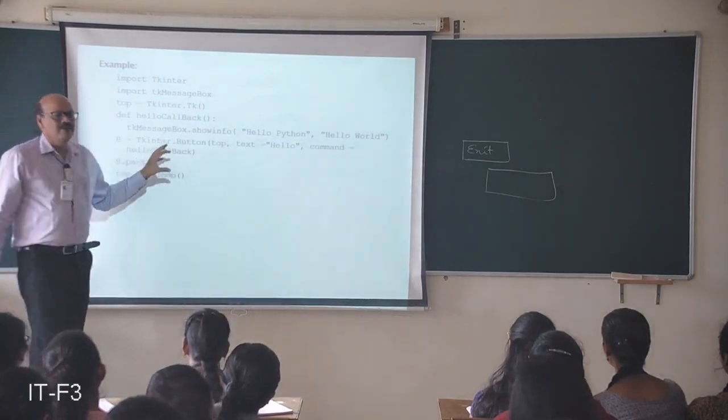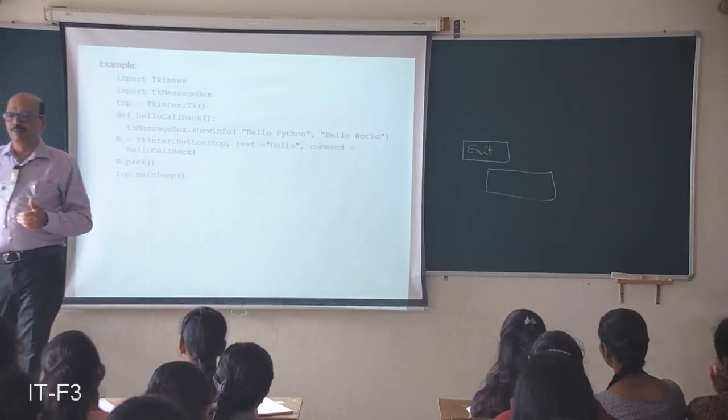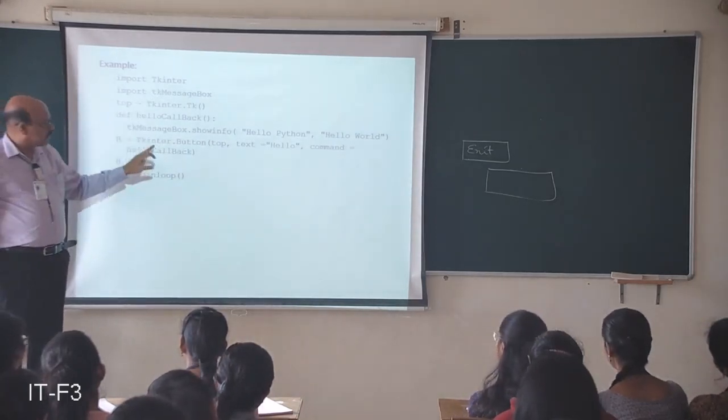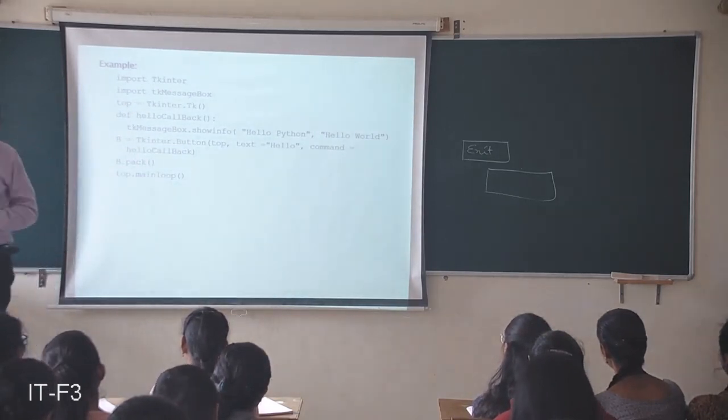Now we have discussed the button, so I want to create a new button. Button is part of the tkinter package, so tkinter.Button. To which window do we want to associate it?